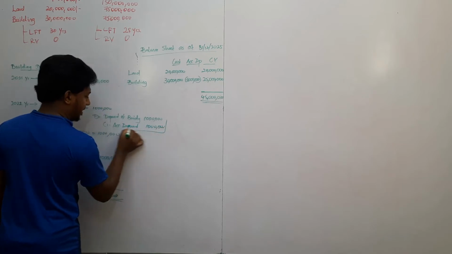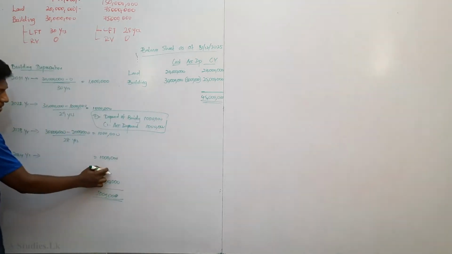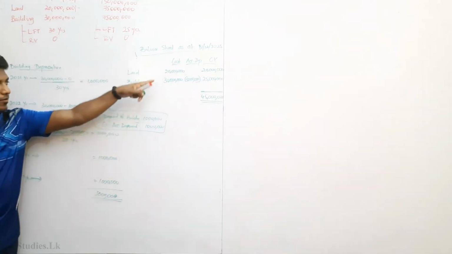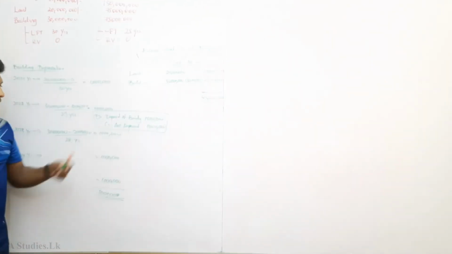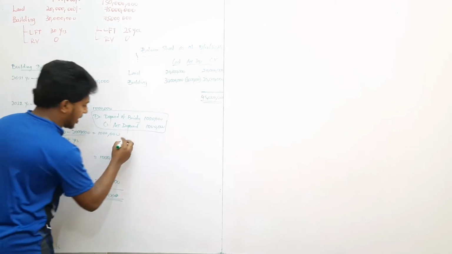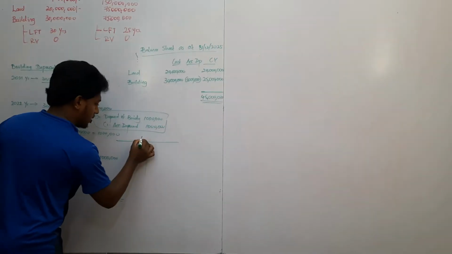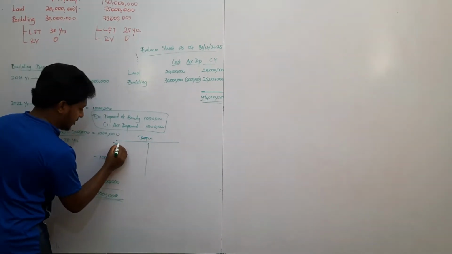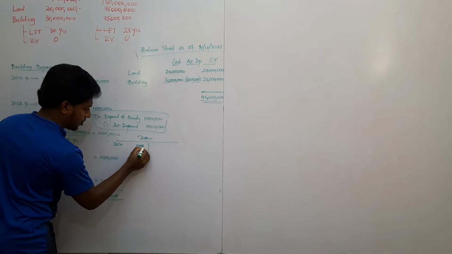Each year's double entry will be the same, for years 1, 2, 3, 4, 5. Each year's depreciation amount will be transferred to P&L. Say the 2021 depreciation we charge is 1 million.